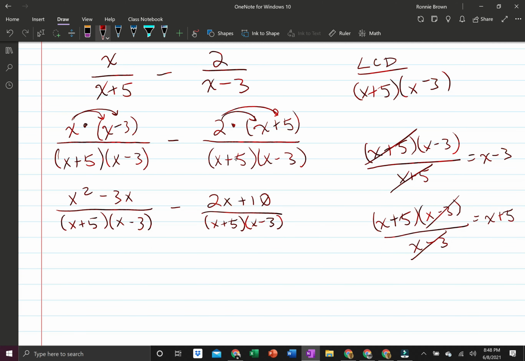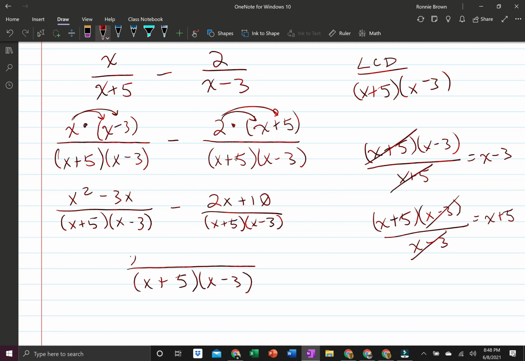We now see that they have the same denominators. We went ahead and figured out the new numerators, so we can write them as a single fraction all over x plus 5 times x minus 3. So I'm told to subtract.